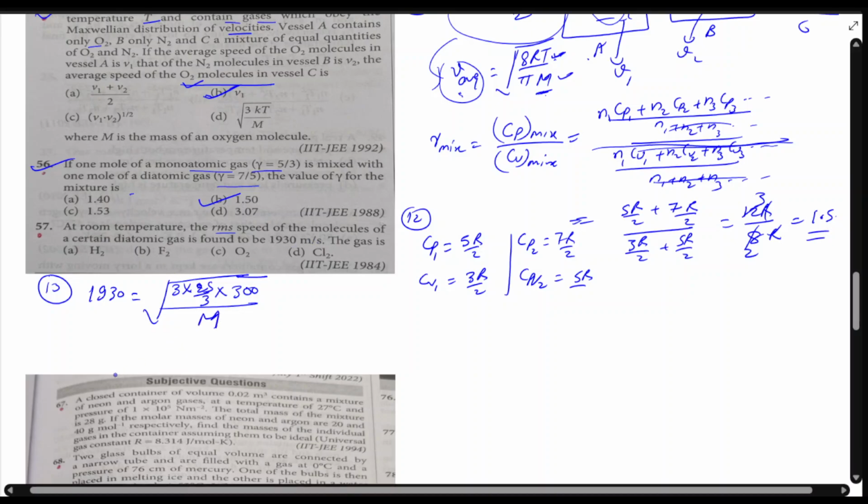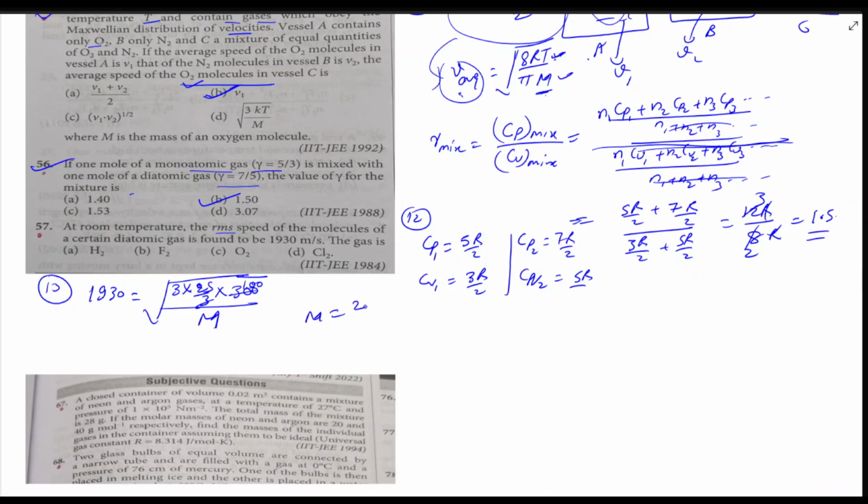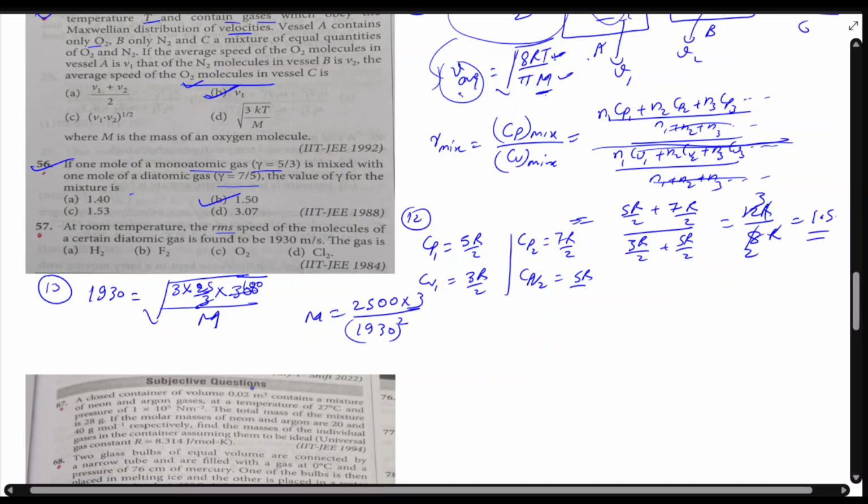So we find the molecular mass. That is easy, right? So if you square it, we'll have M equal to 2500 into 3 divided by 1930 to the whole square.